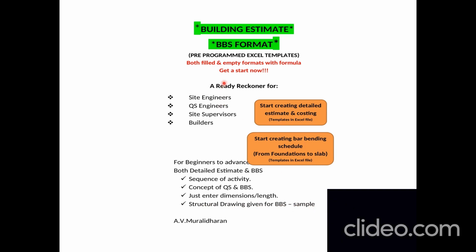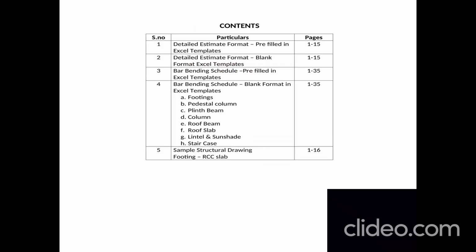So you can keep this as a master copy and start working on your empty formats. This is useful for site engineers, quantity survey engineers, site supervisors, and builders. This gives you the sequence of activities, the concept of QS and BBS. You just have to enter the dimensions from the drawing, and the rest of the calculations will be taken care of.